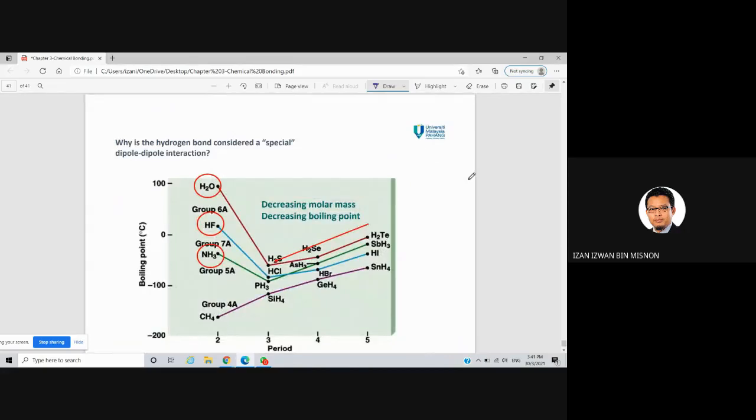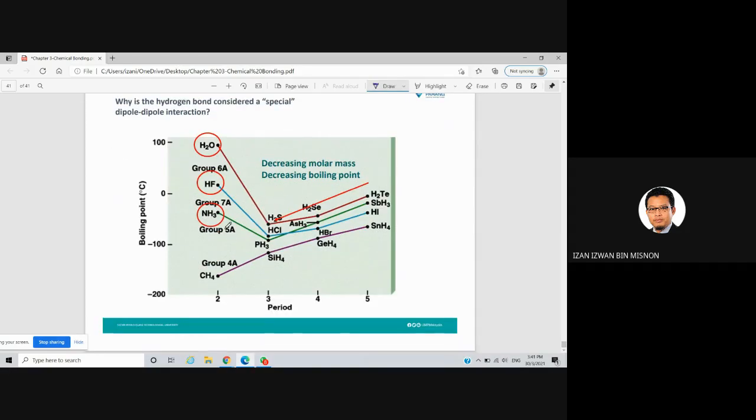Why is the hydrogen bond considered a special dipole-dipole interaction? It increases the boiling point of the molecule. So let's say we have water, hydrogen fluoride, ammonia, and methane. Let's take this one as an example. Decreasing molar mass will decrease the boiling point.